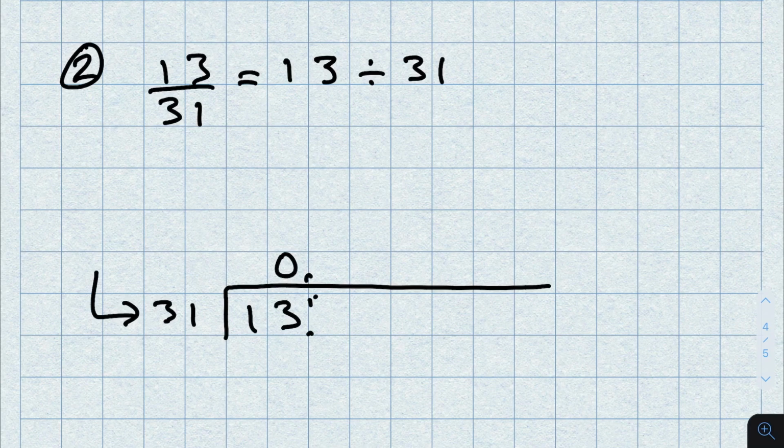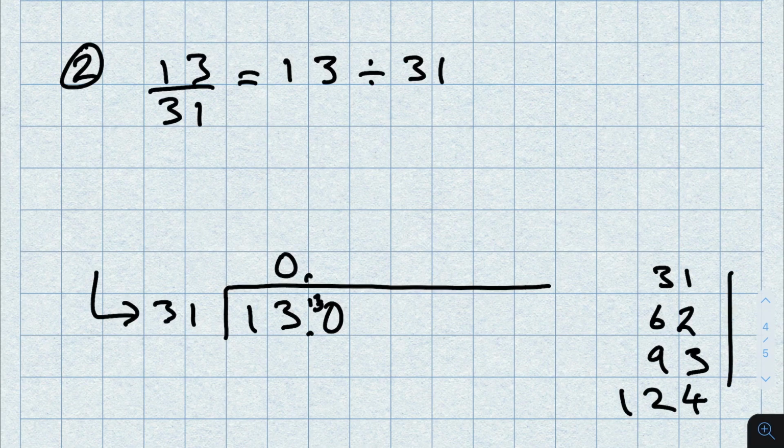So we end up with 130. Well, if I wrote out my multiples of 31, it goes something like this: 31, 62, 93, 124, and so on. I'm going to stop there because that might be enough. I can see that the first multiple below 130 is right here. It's 124. And that's the fourth multiple, so it goes 4 times into 130, and there's 6 left over.